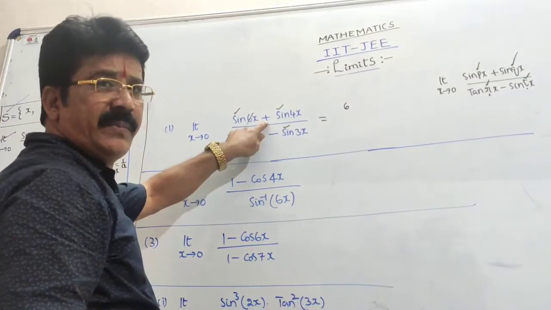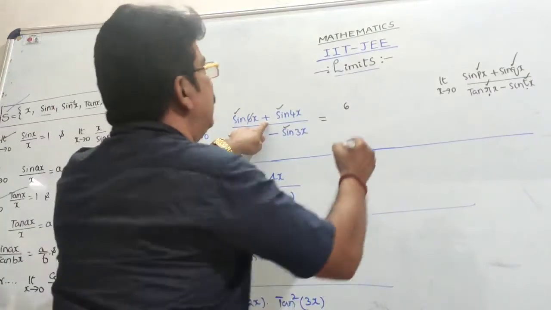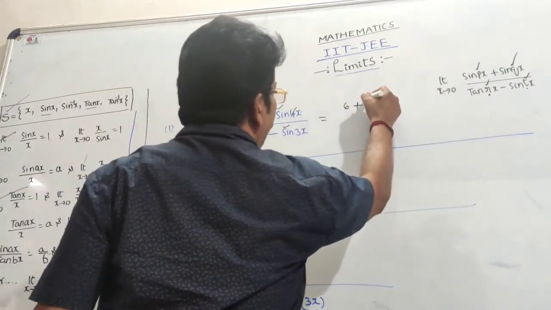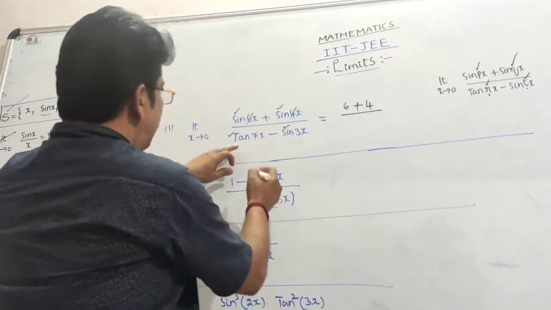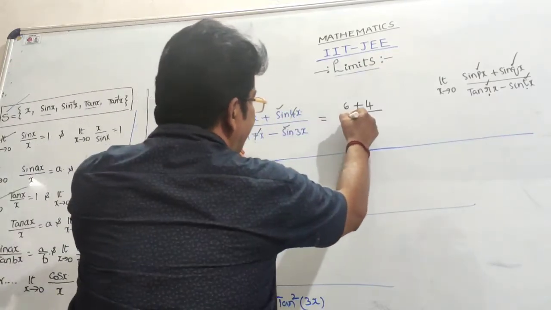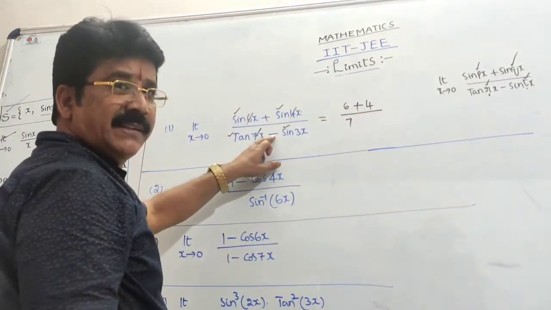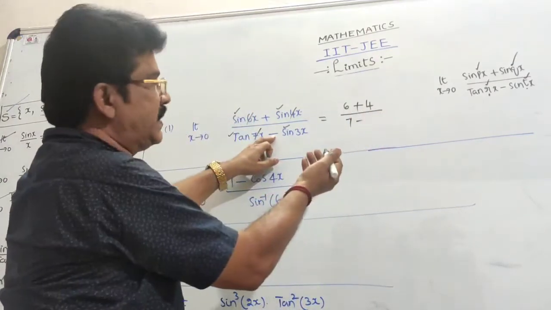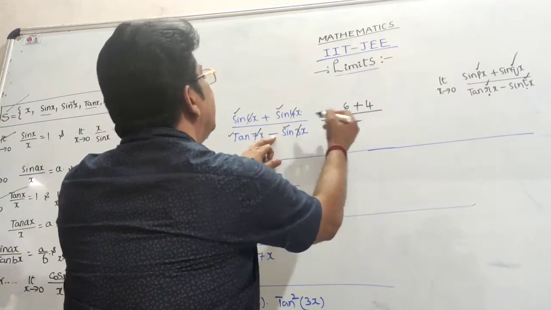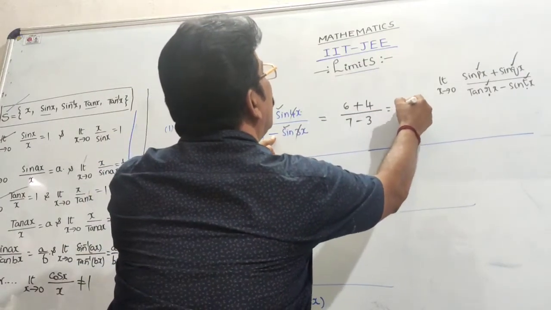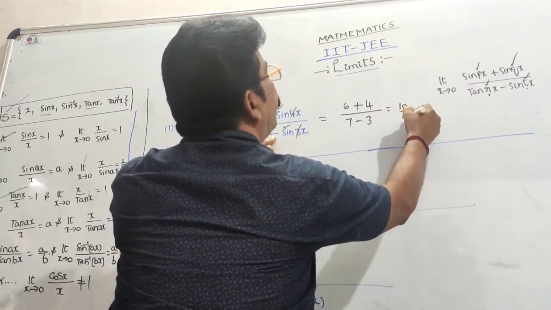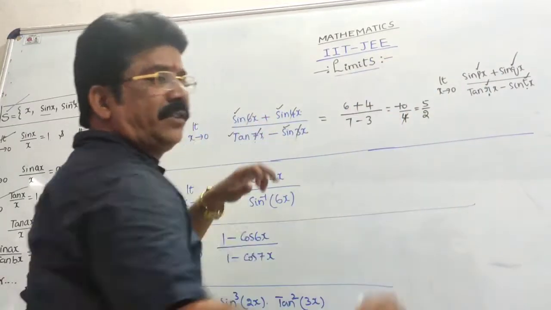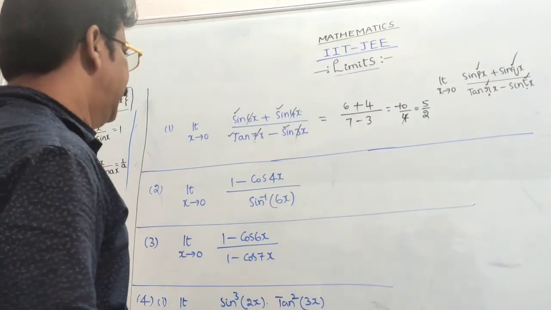Next, plus or minus? Plus. Take the same sign. x constant is 4, divided by x constant, what is it? 7. Is it plus or minus? Minus. If it is plus, write plus. That's all. What is x constant? 3. This is the shortcut. So 10 by 4. Of course, 2 fives are 10, 2 twos are 4. So you see the calculation part. This is the shortcut.